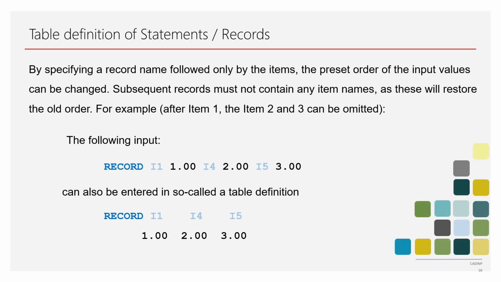A table definition remains valid until a new record name is entered or the same record name is repeated. Inside the table, the positioning is still possible even for those items not defined in the table definition.